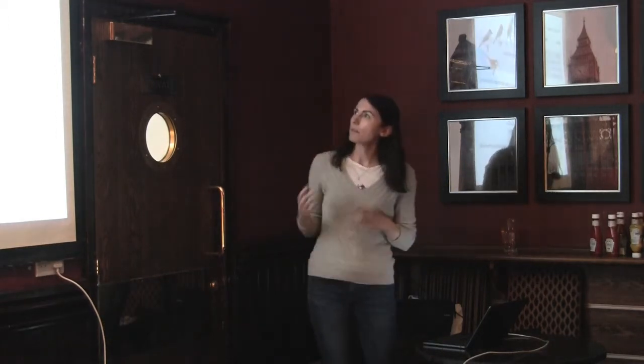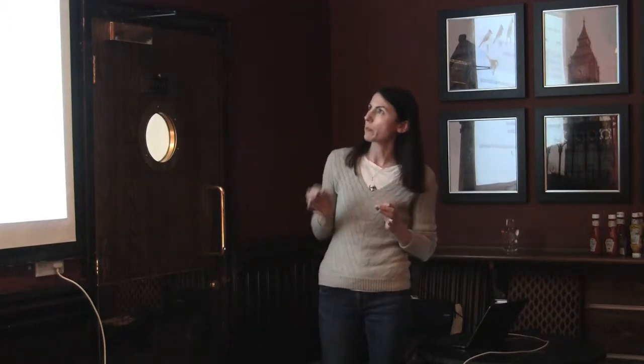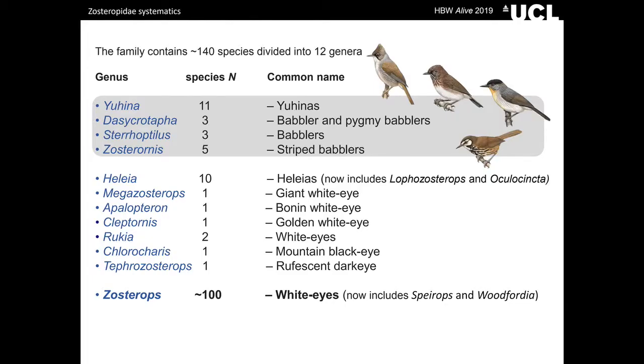Okay, so before we talk more about Zosterops per se, let's have a look at Zosteropidae, the systematics of the group. It's a family that contains 140 species, which is super impressive. But you'll see from this list, which I've taken from the Handbook of the Birds of the World Alive, that most of that diversity is within the genus Zosterops. All these other genera are quite species poor.